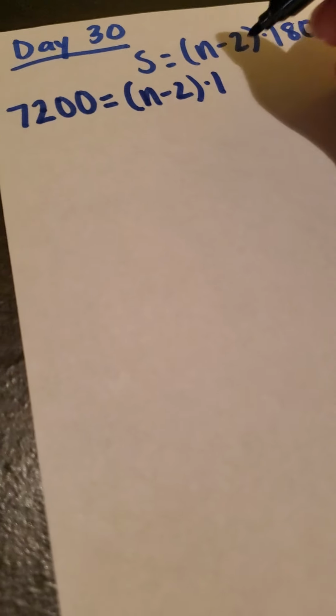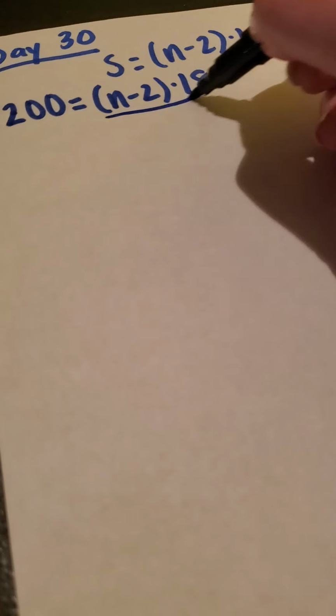So S is my sum, equals parenthesis n minus 2 times 180. This time I didn't put anything in for n because I don't know n. I don't know the number of sides. I do know S, which is the angle sum. So I'm working backwards trying to solve for n.